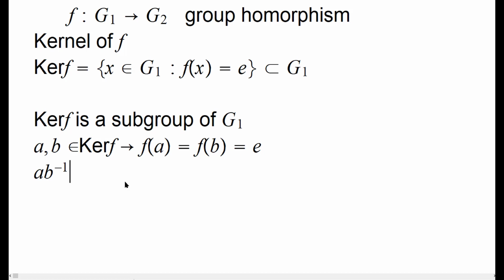Again, just to remind you of the property, if we can show that for a, b in the kernel of f, we have a b inverse also in the kernel of f, then the kernel of f will be a subgroup of G1. So what will be the qualification for this to be in the kernel of f? It will be that f of this element should be the identity.